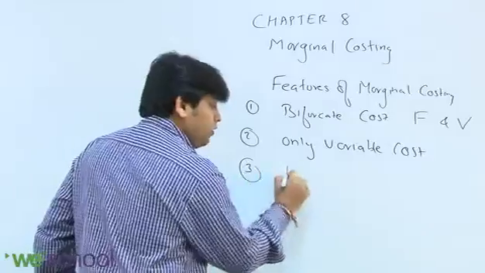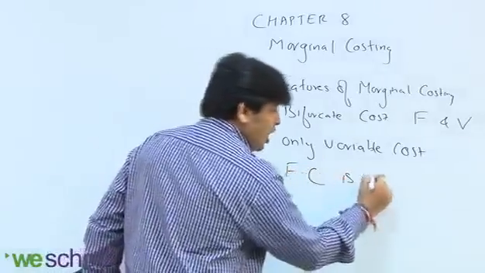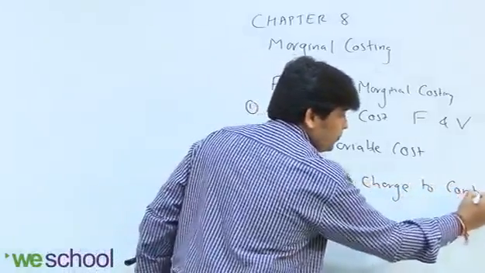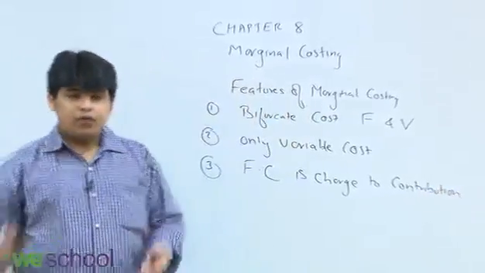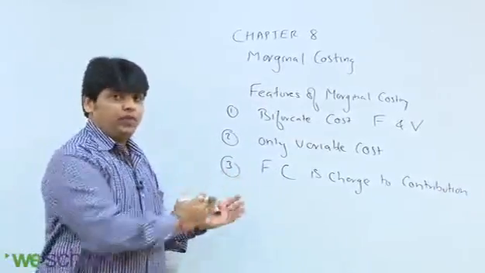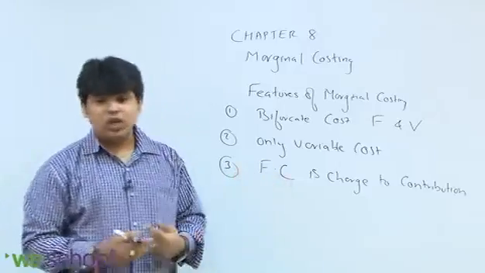Third, fixed cost is charged to contribution. Fixed cost is deducted from contribution, as I have explained to you in the previous video session, right? So fixed cost is charged to the contribution.